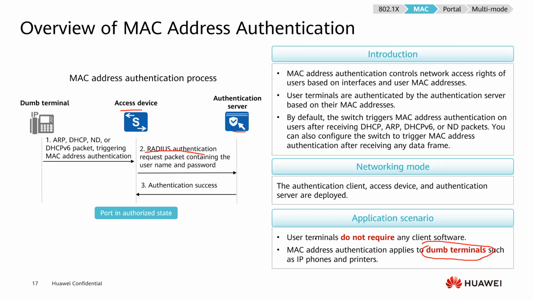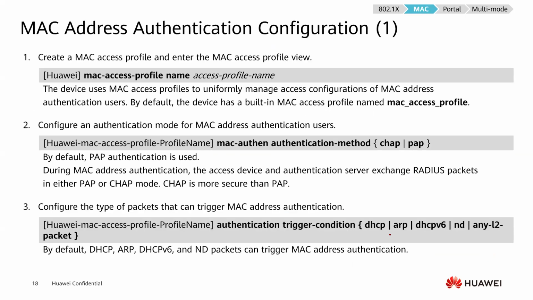It's used for scenarios that do not require any client software, such as dumb terminals like IP phones, printers, and cameras. For the configuration, the first step is to configure the specific access profile, and then you change the authentication mode. One is CHAP, another is PAP. I think all of you are familiar with these two authentication methods, right?